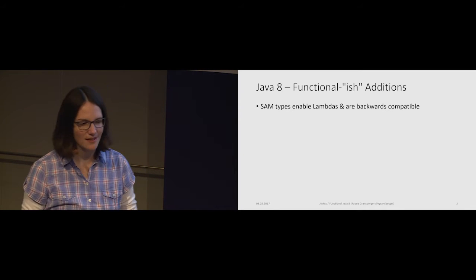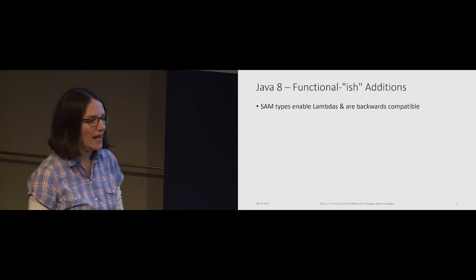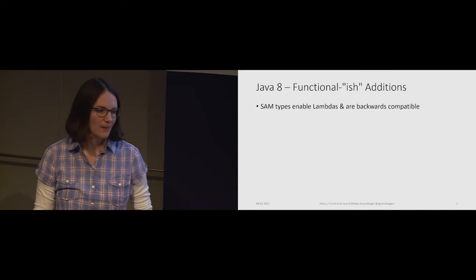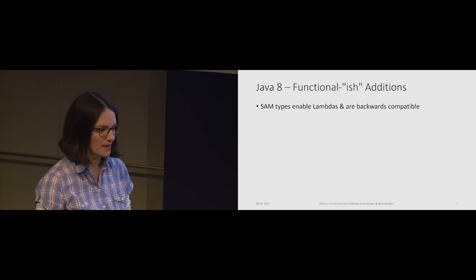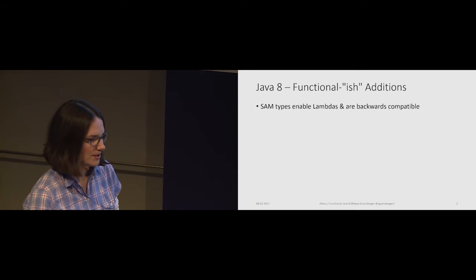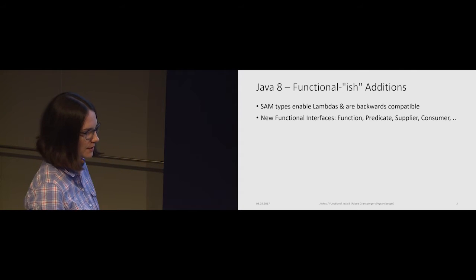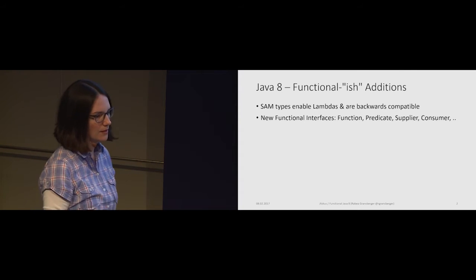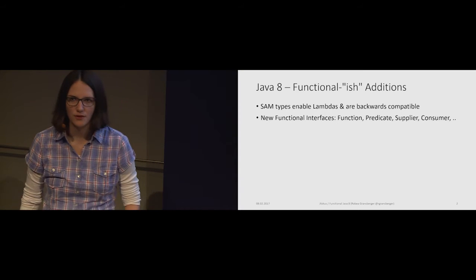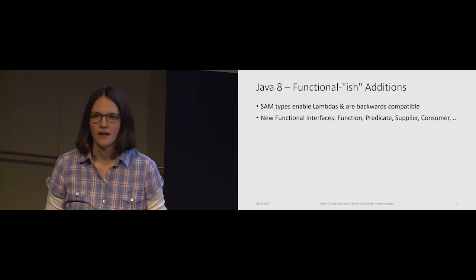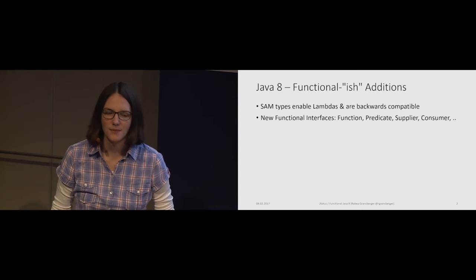It's still types in the background, but the good thing is it's all backwards compatible, so we can still compile to Java 7 if we do some tricks with Retrolambda, for example. With these new types we got Function, Predicate, Supplier, and Consumer, which have been added as basic SAM types.